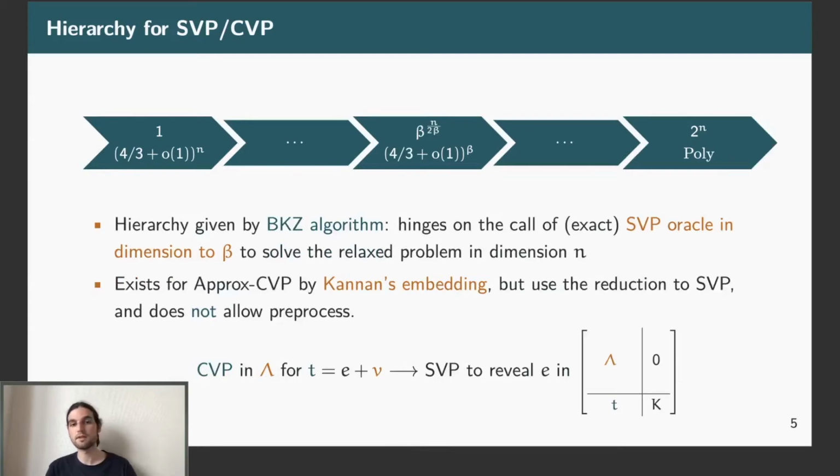So this hierarchy of algorithms also exists for approximate CVP by the so-called Kannan's embedding. And this embedding technique makes you solve the CVP problem you have by calling an SVP problem in dimension n plus 1. So how does it work?